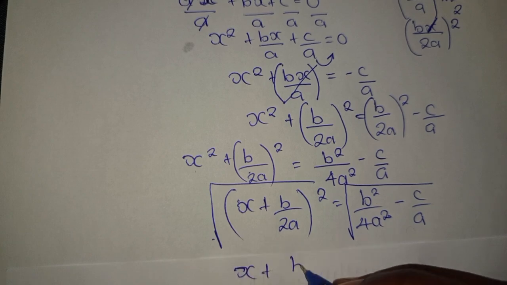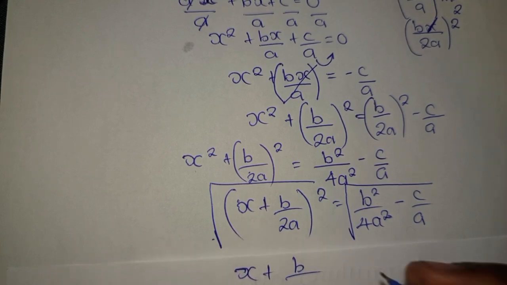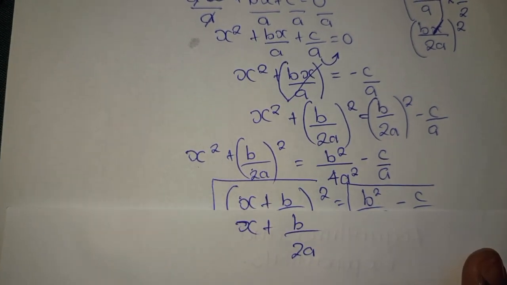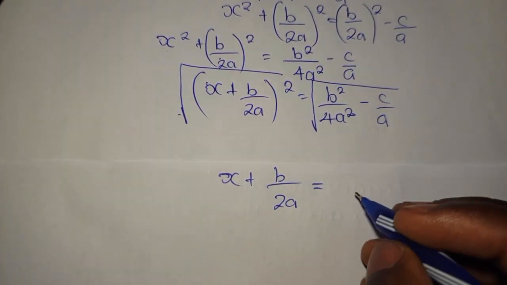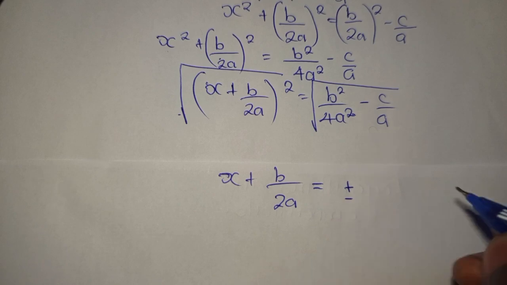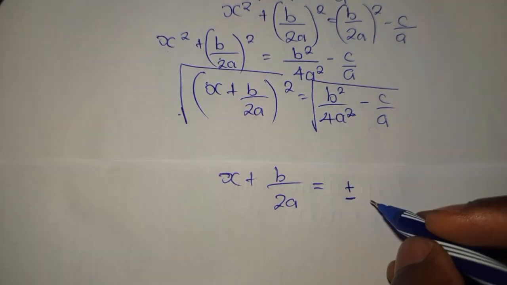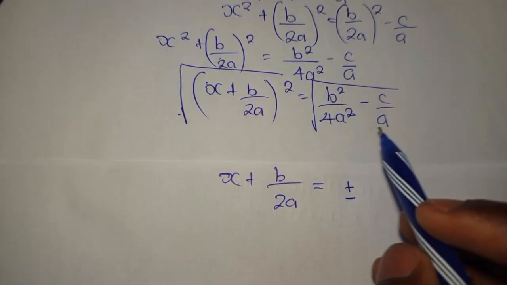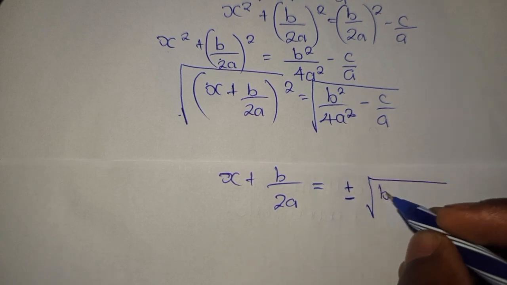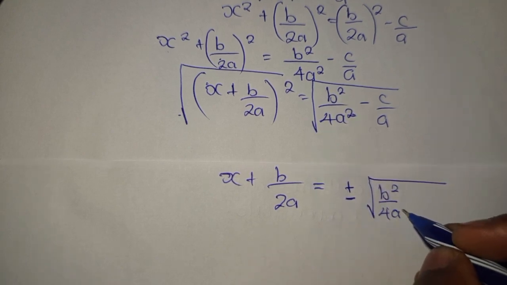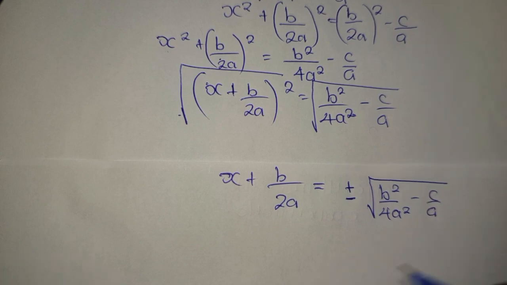x plus b over 2a being equal to positive or negative. Remember, the square root of a number is both positive or negative. Then we know that what basically transpires here is you having a fraction, and you learned how to solve fractions.